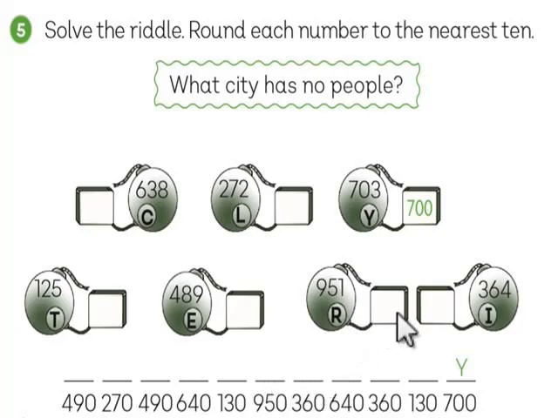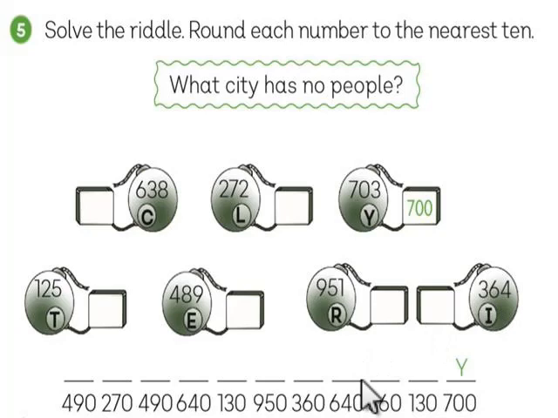So write 950. Then I, from 364, from 0, 1, 2, 3, 4. 4 becomes 0 and 6 stays, don't change. So it is 360.